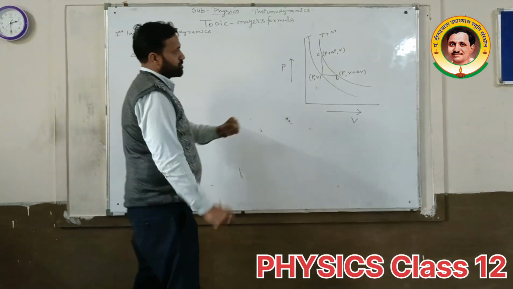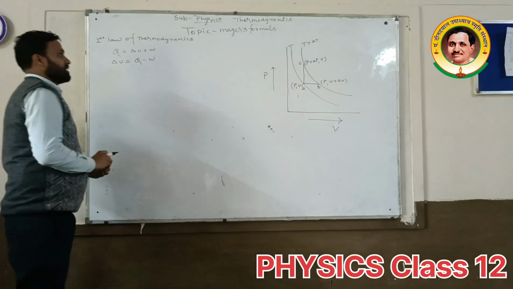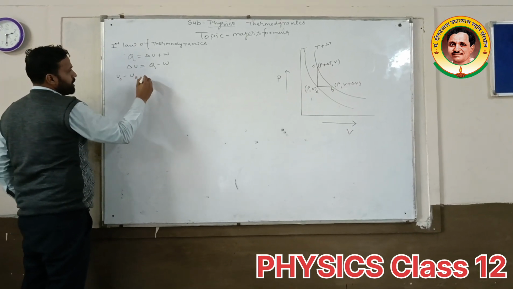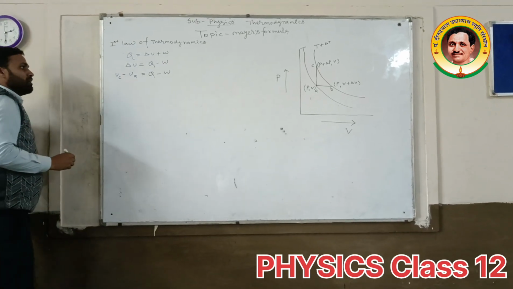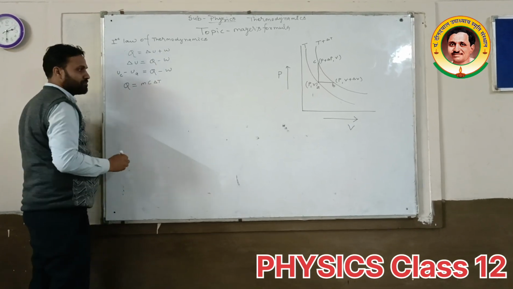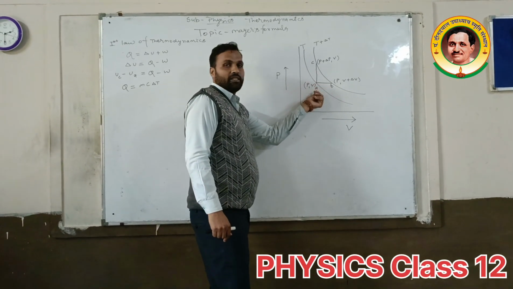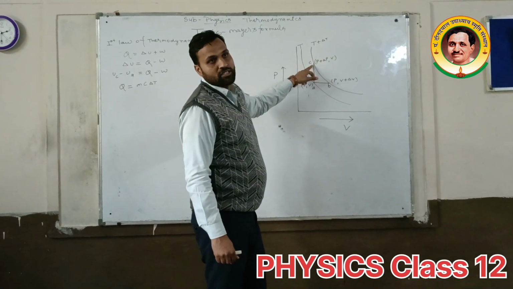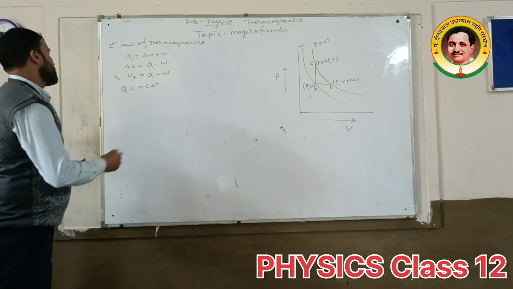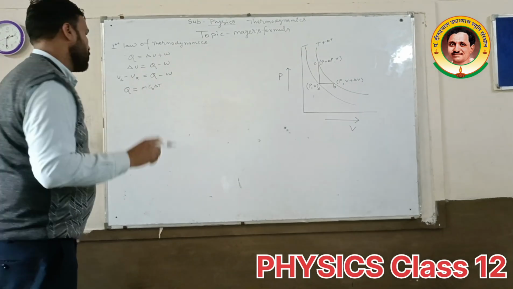For the increase in internal energy, we take the processes from C to A and B to A. First of all, we take C to A. It means we can write UC minus UA equals Q minus W. From the formula of specific heat, Q equals n C delta T. Here the volume is V at position A and also V at position C. It means there is no change in volume from C to A, so the specific heat is CV, the specific heat at constant volume.